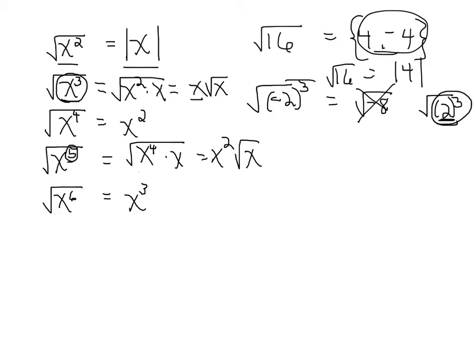Now we get to a situation again where this number is positive, but x to the sixth can be positive whether x is negative or positive. X to the third, let's do this over here. Let's say the square root of negative 2 to the sixth power.